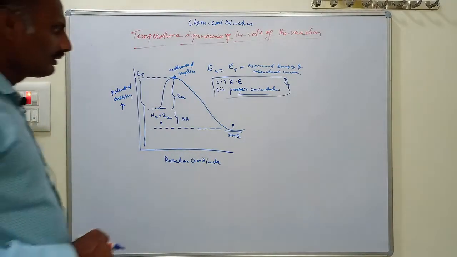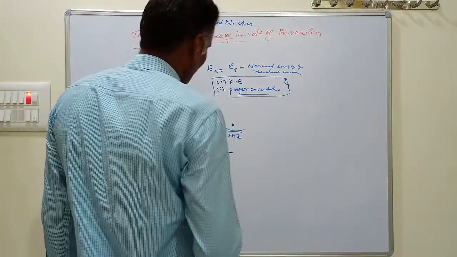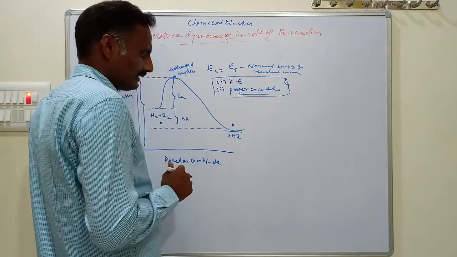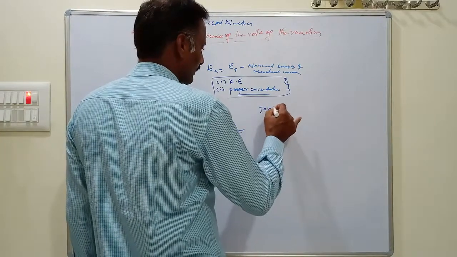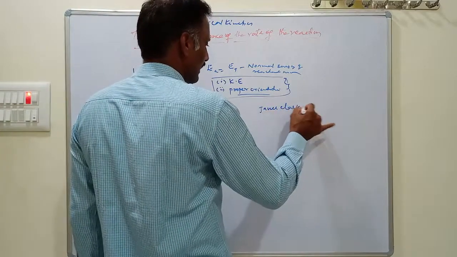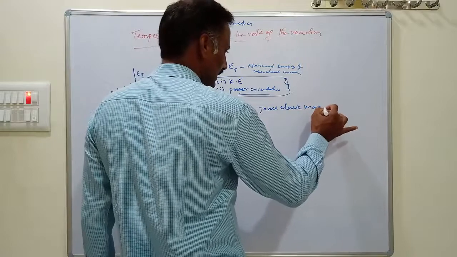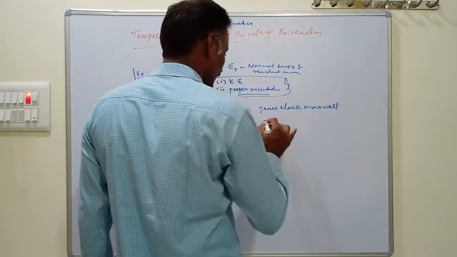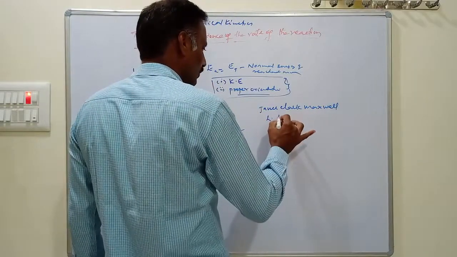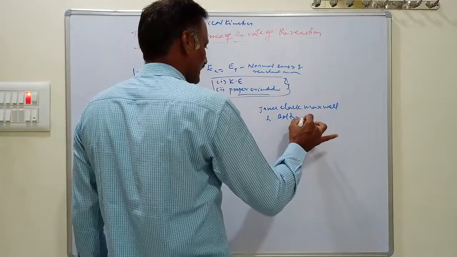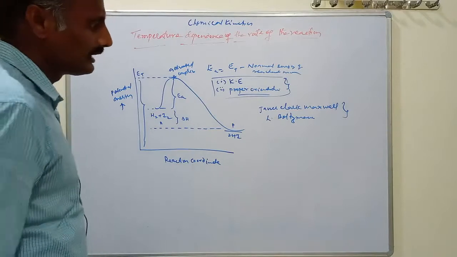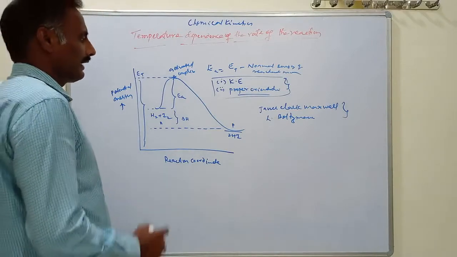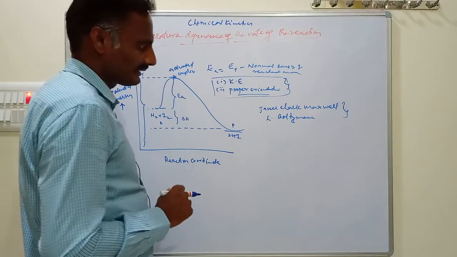Then after this, there are two more scientists, James Clerk Maxwell and Boltzmann. Boltzmann and James Clerk Maxwell studied the temperature dependence of the rate of reaction.